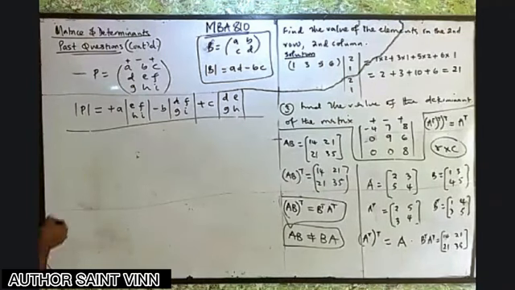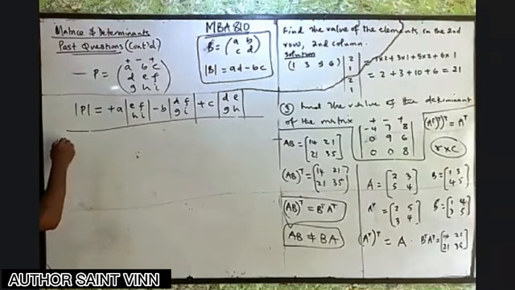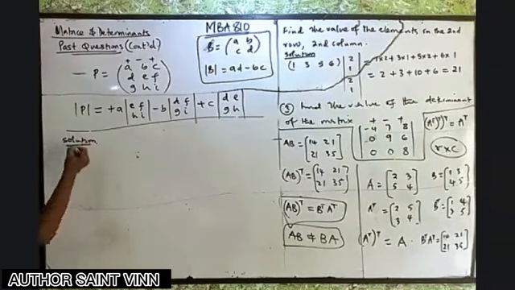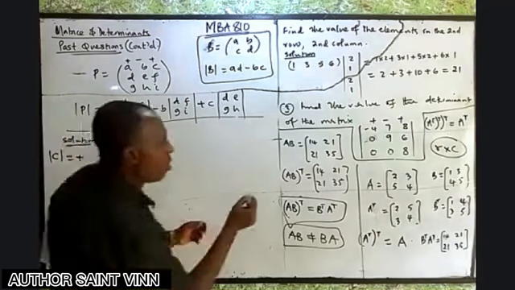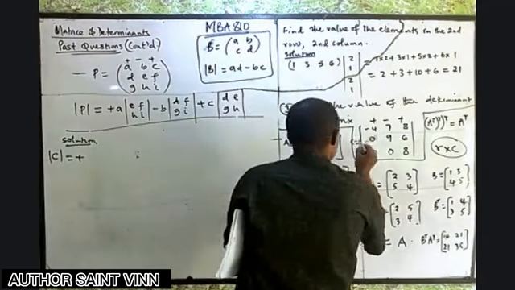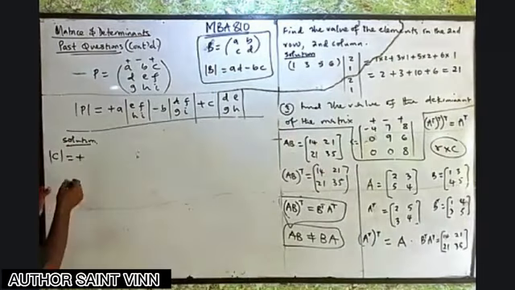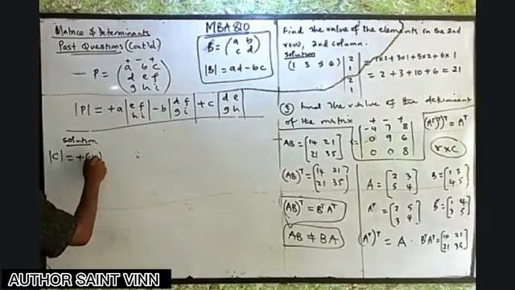Okay, so let's move on to the next agenda. Solution to that number 3, we don't have time. Plus, maybe I call it matrix C. Let me just give it a name, C. Plus, minus 4.